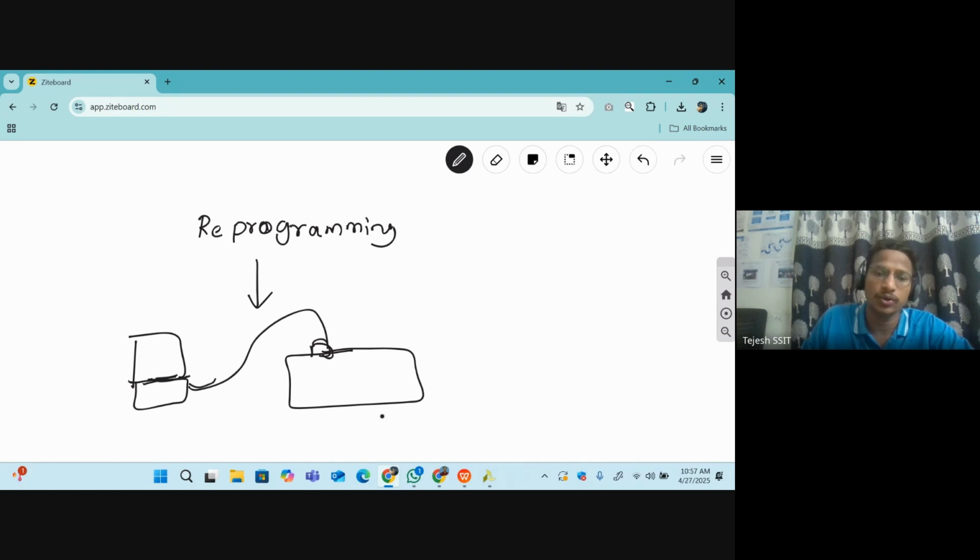Reprogramming means how many times we are doing the programming, it will be accepted. AND gate, half adder, full adder. However many times we dump the code, it will be accepted. That is the reprogramming.